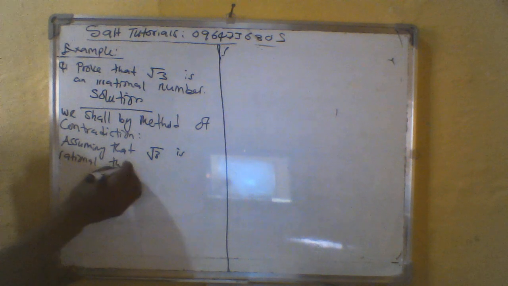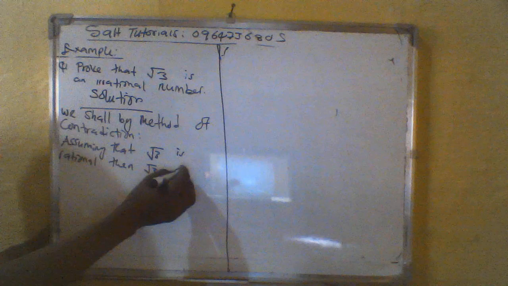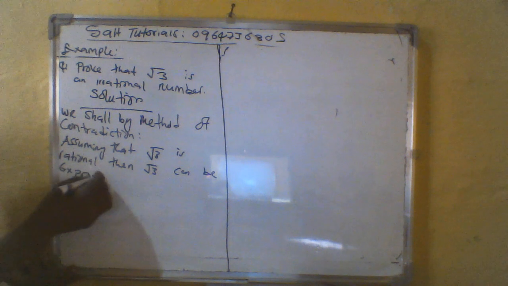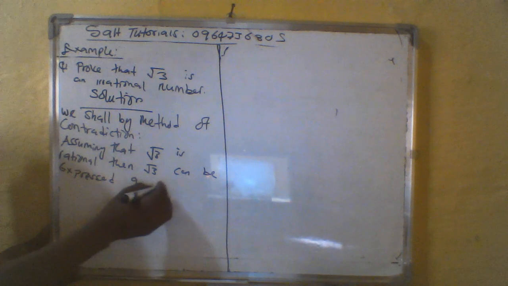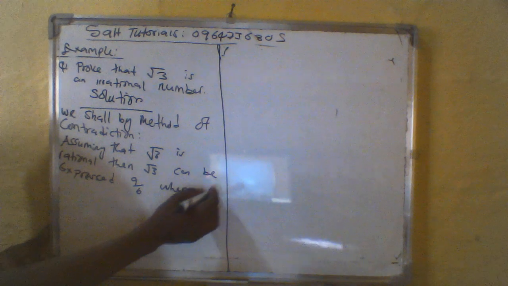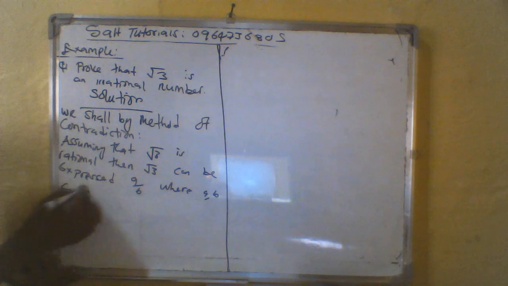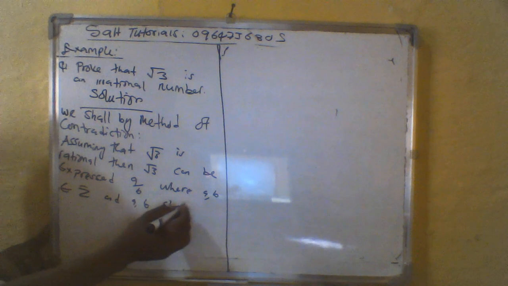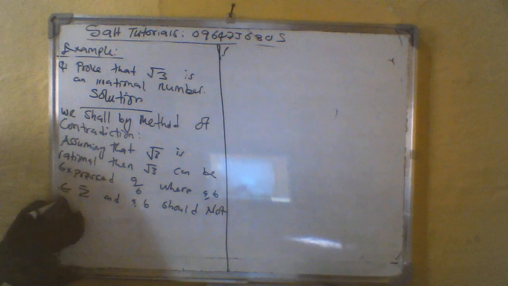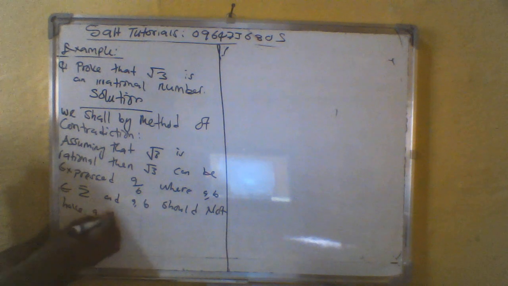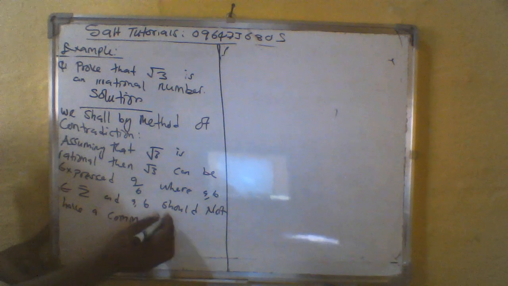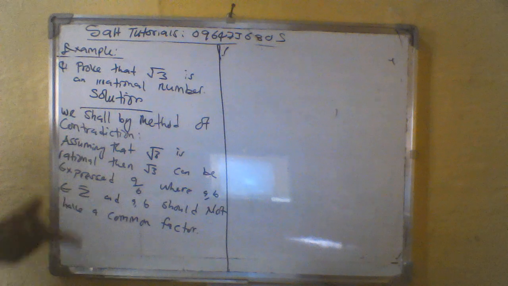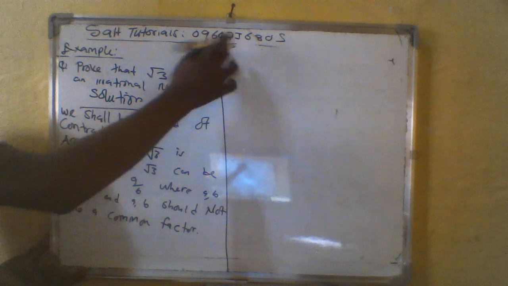Then root 3 can be expressed in the form a over b, where a and b are members of the integer set, and a and b should not have a common factor. So that's the assumption. Since it is rational, what are we going to do next?